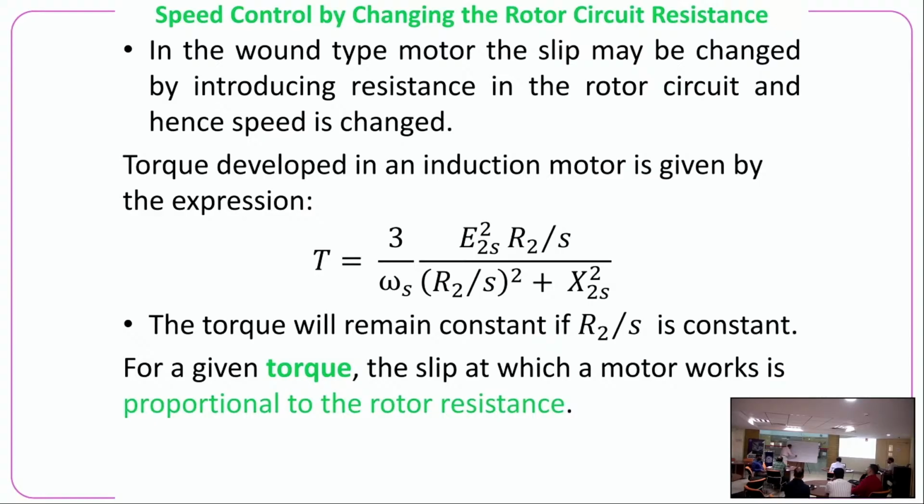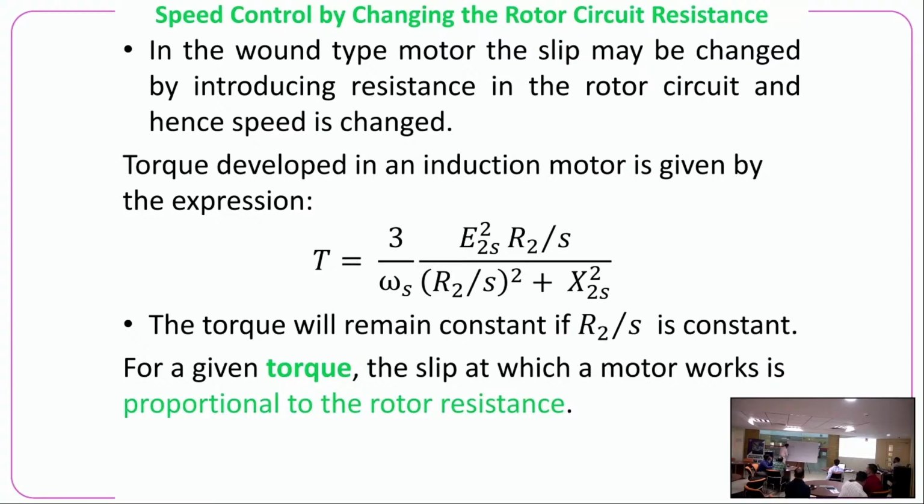Torque versus slip. If you start from 0, it will be a gradual increase, not a sudden increase. So this is slip equal to 1 and this is the starting torque.